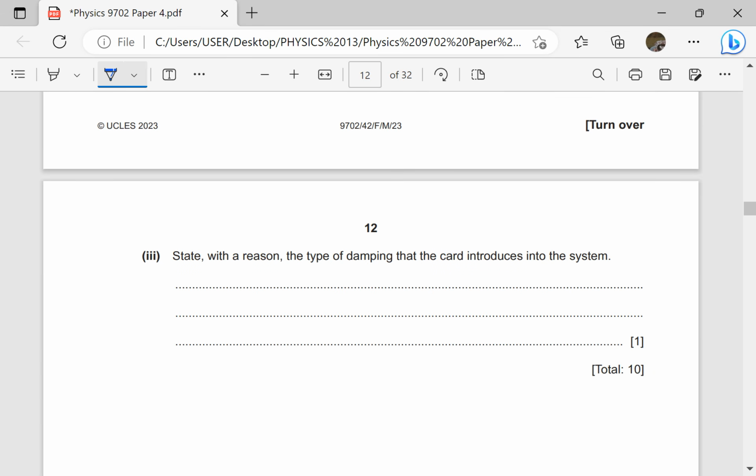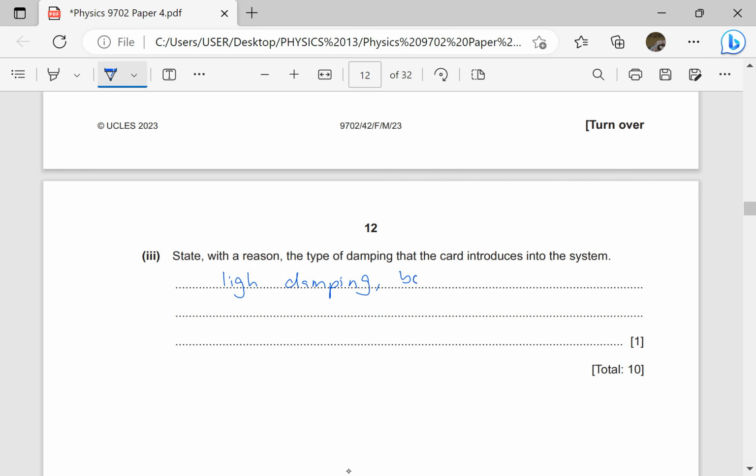State with a reason the type of damping that the card introduces. Of course, this is going to be light damping. Why? Because the amplitude of oscillation gradually reduces as the system continues to oscillate.